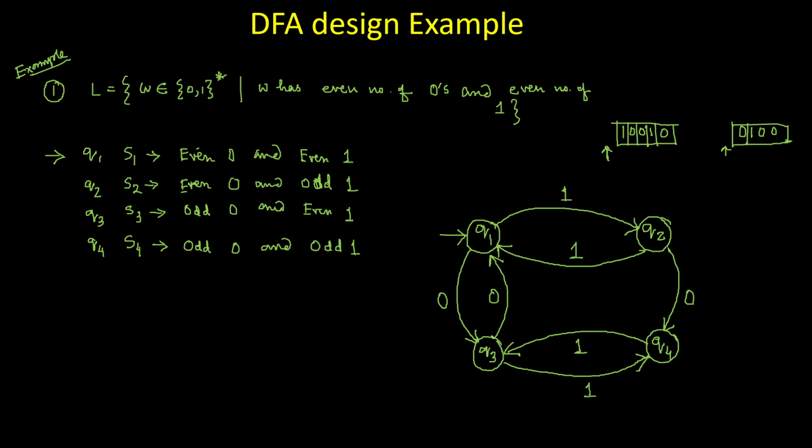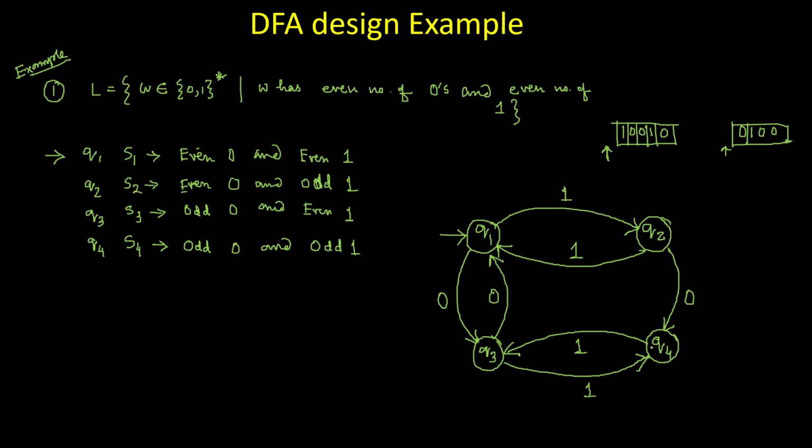Similarly, on this side, Q1 to Q3: Q1 is even 0, even 1. If you get a 0, it will become odd 0, even 1, right? And odd 0, even 1 is Q3, not Q4. So I made a mistake writing this particular state number.